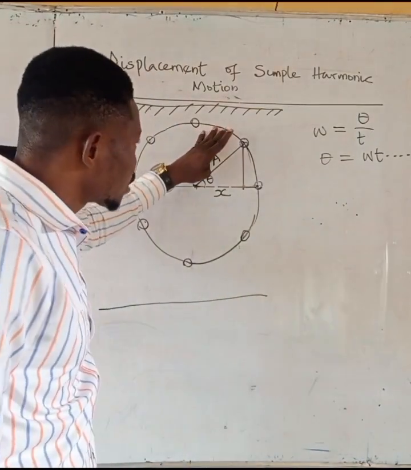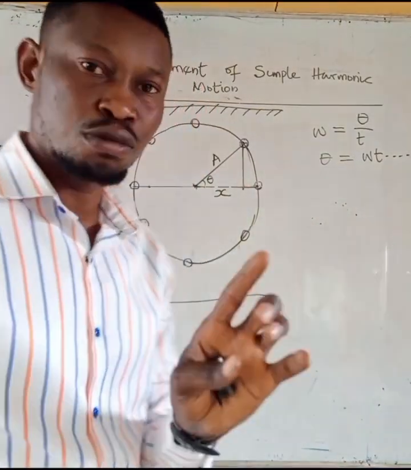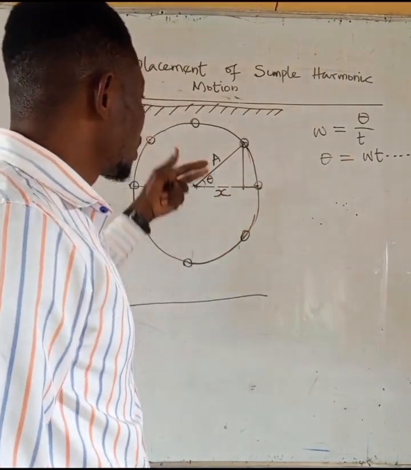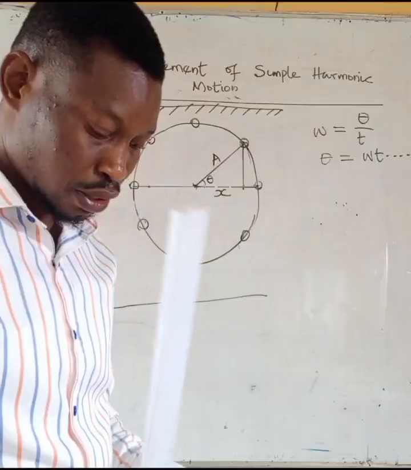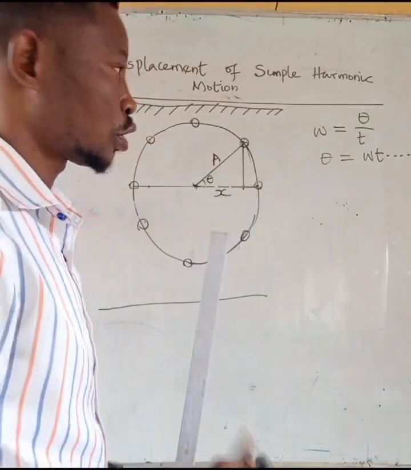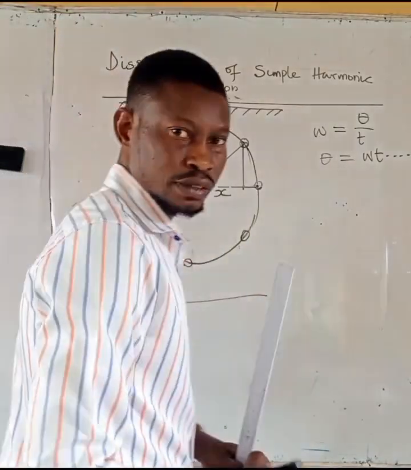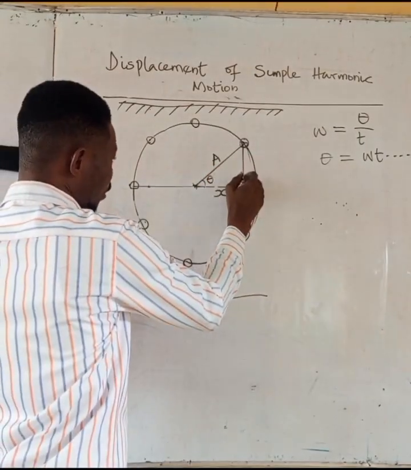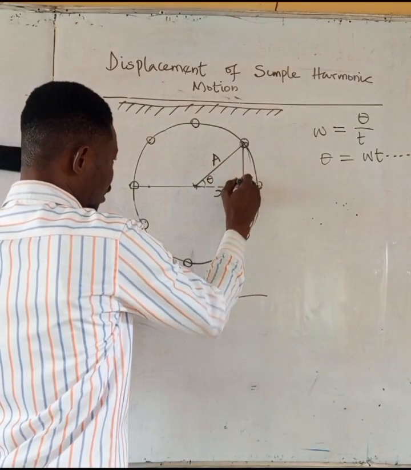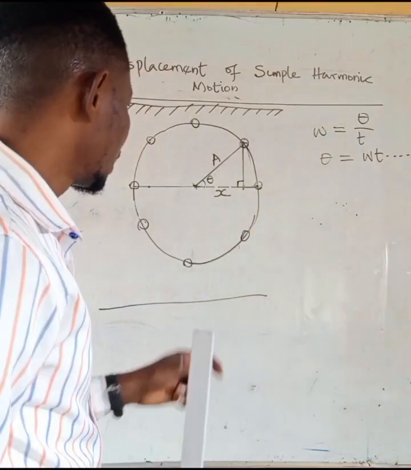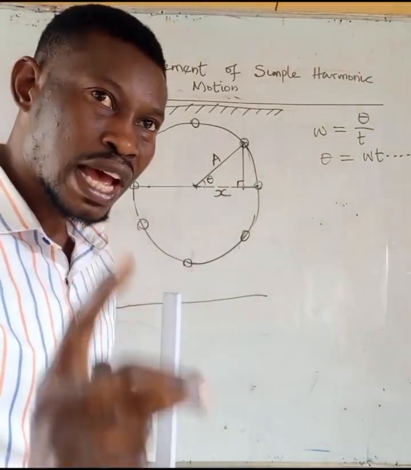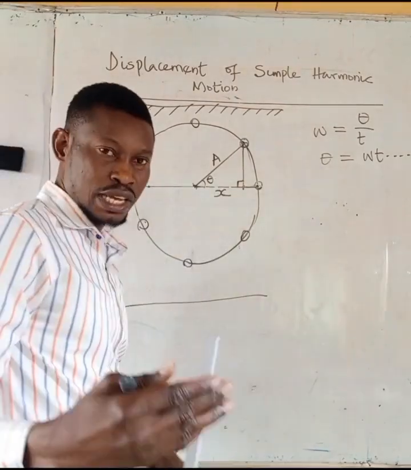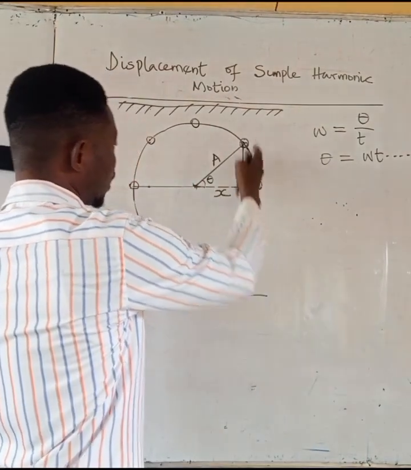Now, this presents us with a very easy way to obtain the equation for the displacement of a particle performing simple harmonic motion. How do we do that? If you look at the triangle we have here, considering that this place is a right angle, if we take the cosine of this angle theta, remember that cosine means adjacent over hypotenuse.